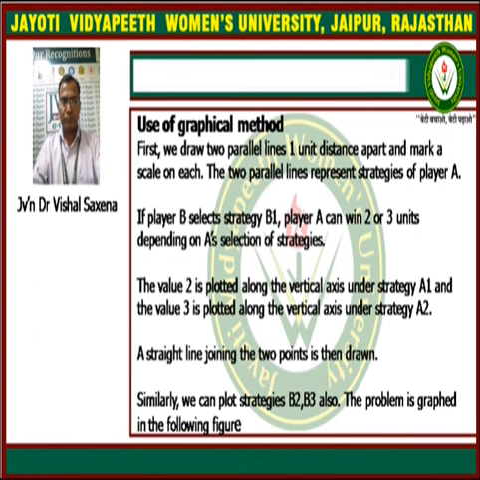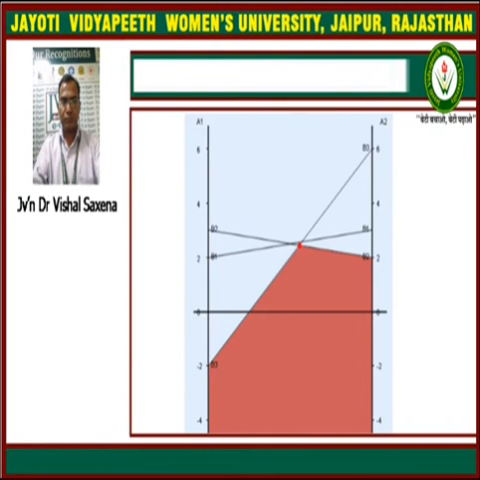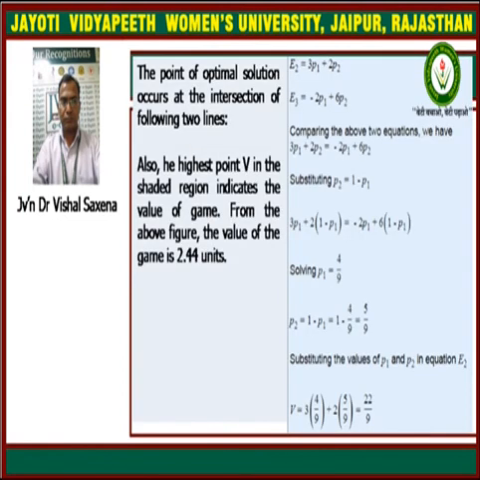Now the problem is graphed in the following figure, and we can see the graph there. That is the graph and that is the shaded portion. Here we can observe the optimum solution, the solution of the game, the value of the game.